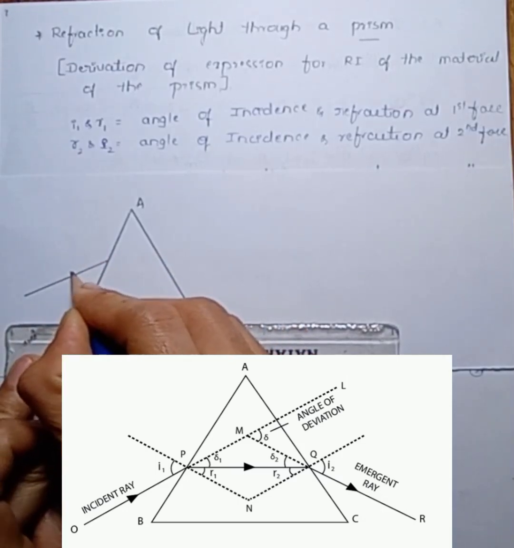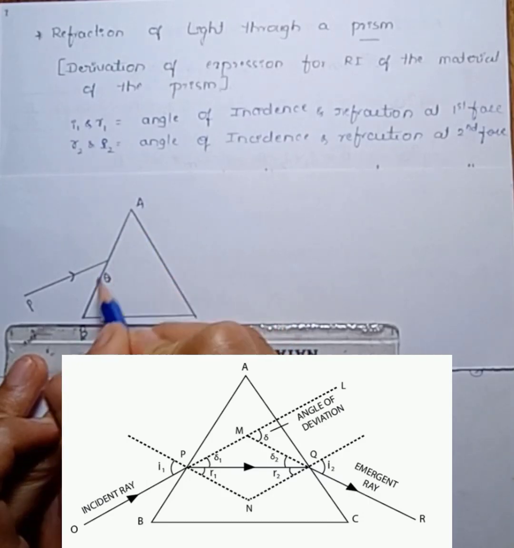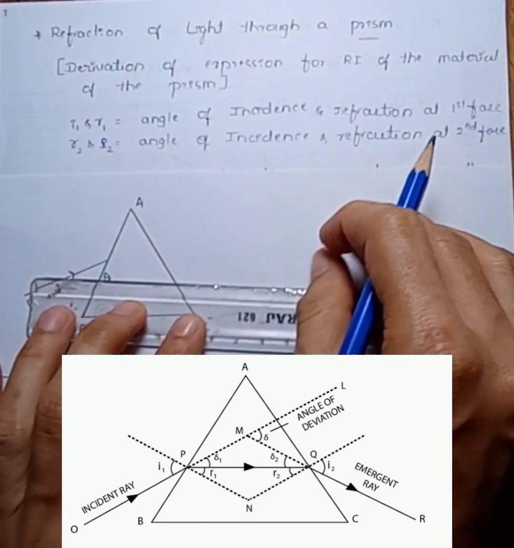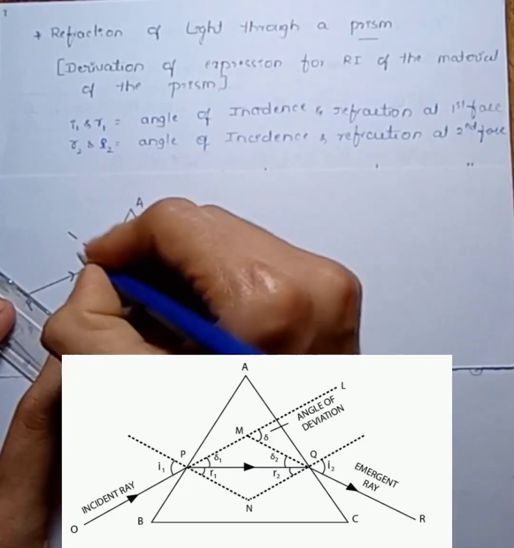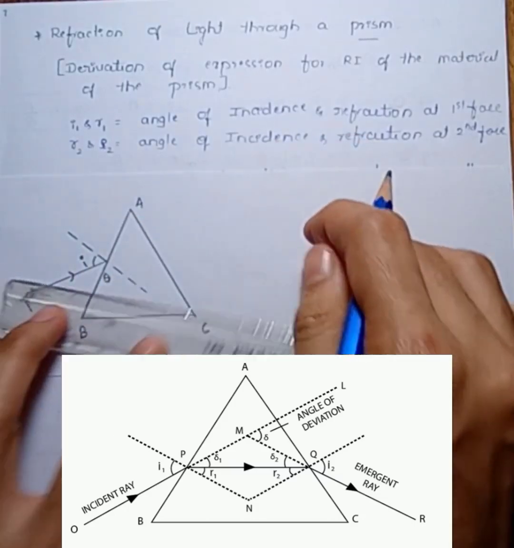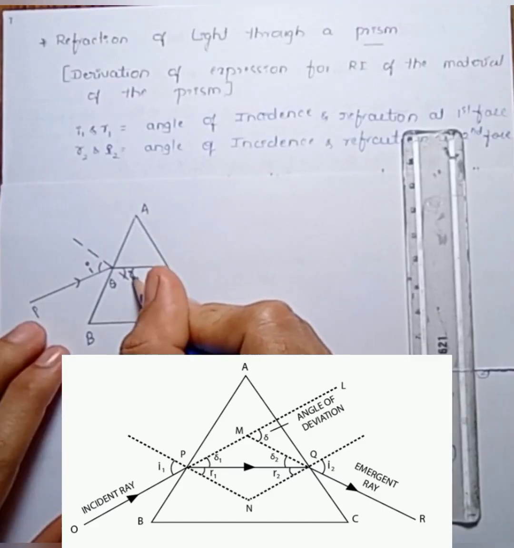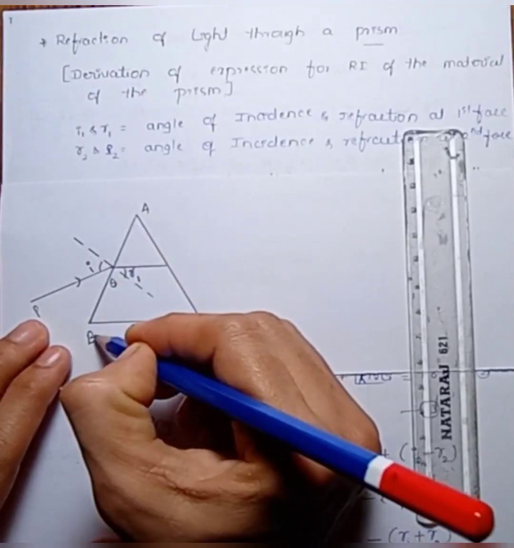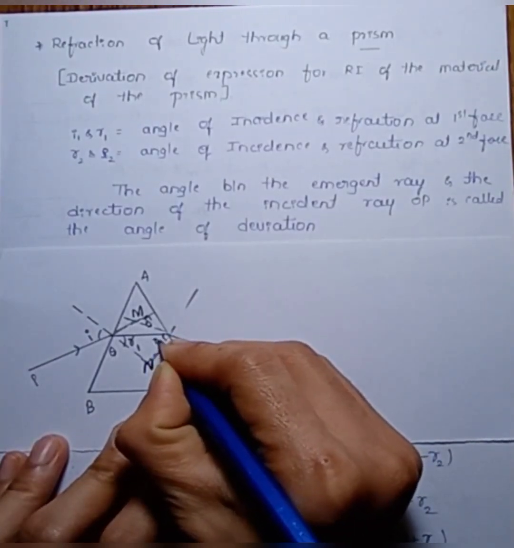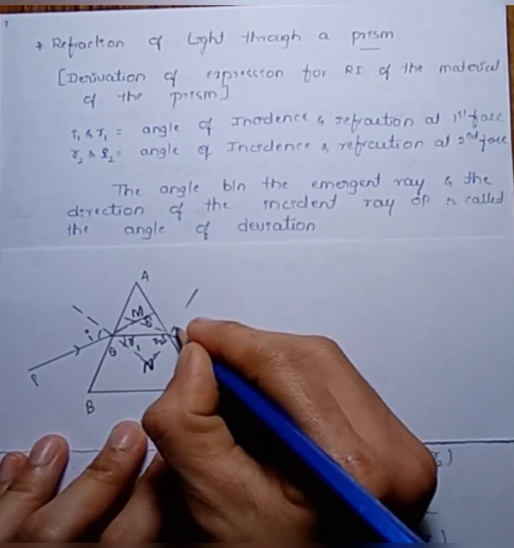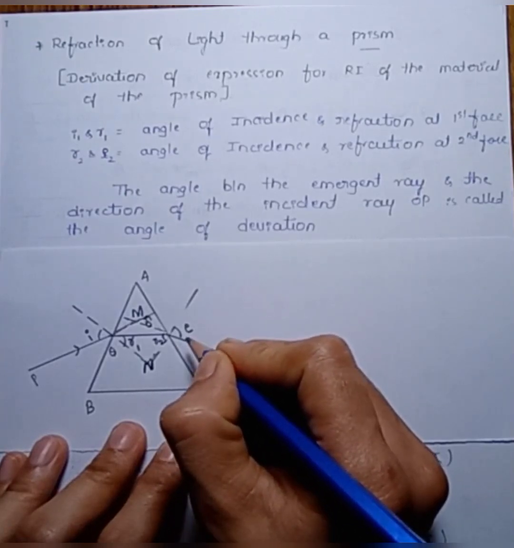When a ray of light PQ is incident on the first face of the prism AB, let I1 be the angle of incidence, R1 be the angle of refraction for the first face AB, R2 be the angle of incidence for the face AC, and E be the angle of refraction or angle of emergence.